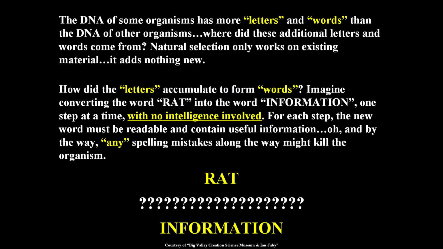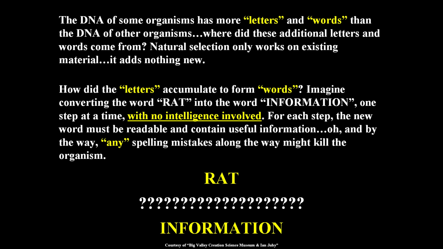Now, the DNA of some organisms has more letters or words than the DNA of other organisms. Where did these additional letters and words come from? Natural selection only works on existing material. It doesn't add anything new. How did the letters accumulate to form words?